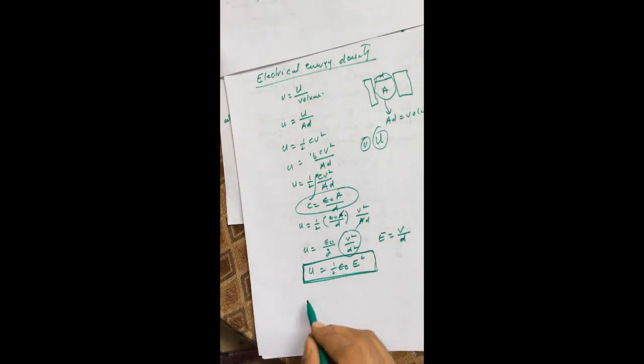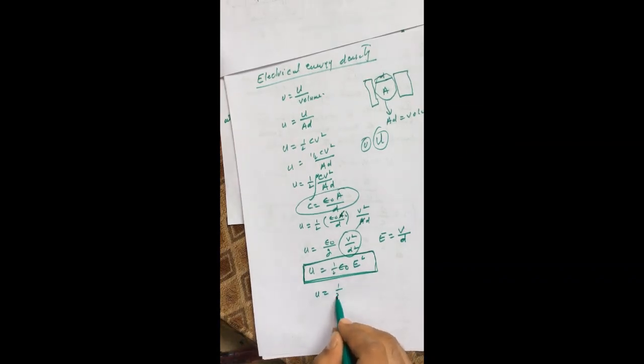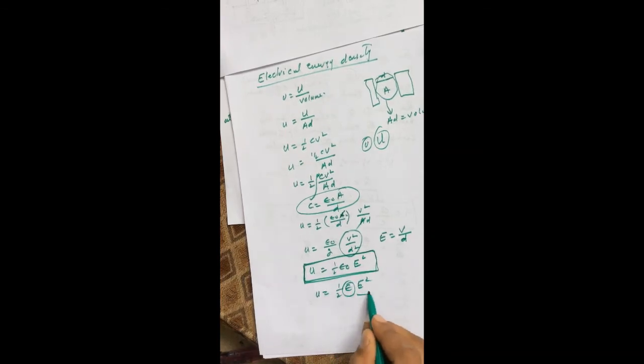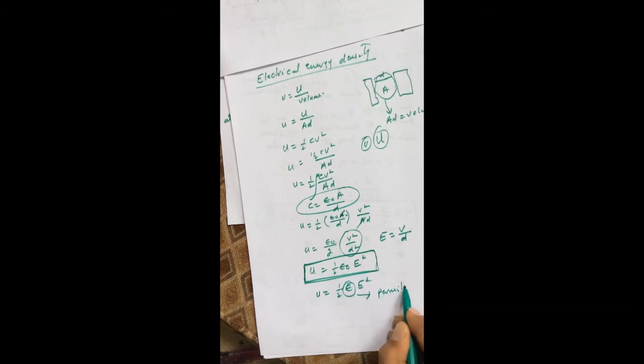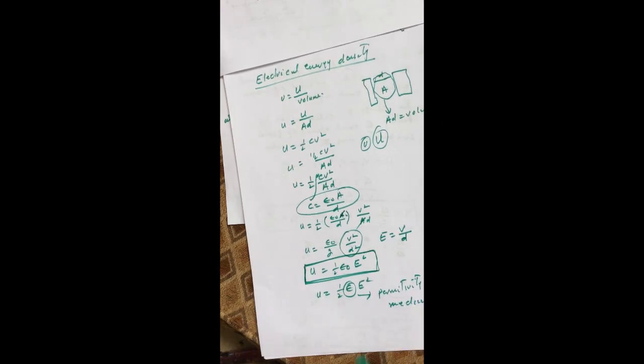Now if the medium between the plates is other than air, like some insulating material, then we have this relation, which is equal to 1 over 2 epsilon E square, where epsilon is the permittivity of the medium. So this is all about electrical energy stored in an electric field.